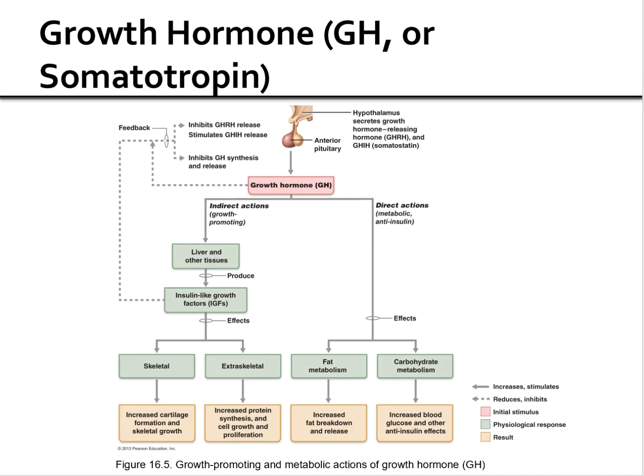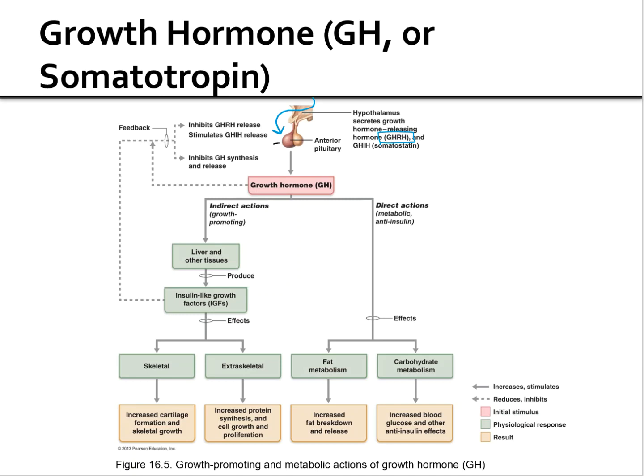So, growth hormone is released from the anterior pituitary as a result of GHRH, growth hormone releasing hormone. GHRH is released from the hypothalamus, goes down, and targets the anterior pituitary.